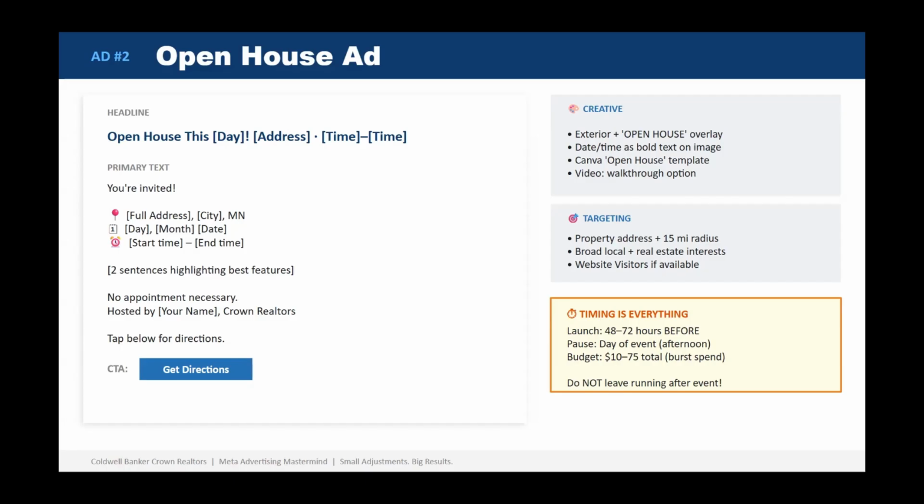And then once the open house is done, shut off that ad so it stops spending money. Okay. The money that's spent on Facebook is going to be based on views and reach. So even though you set a budget of $75, maybe the system only uses $50 in that time frame. Don't forget to stop this ad.